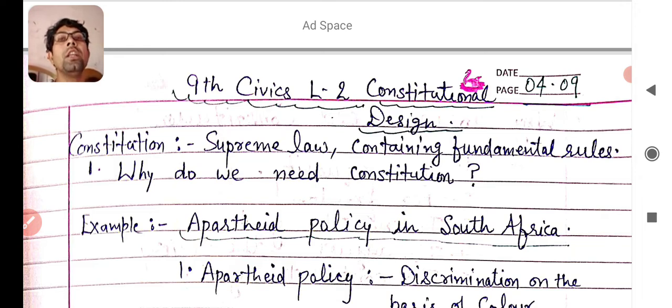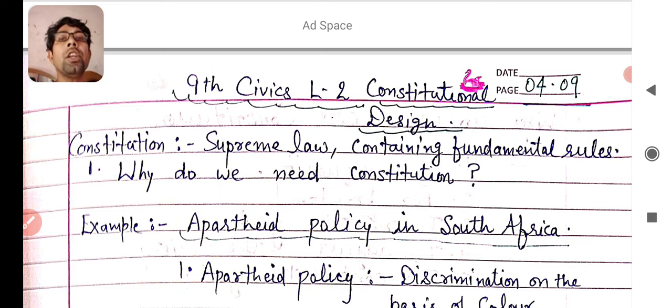But firstly, there will be a next question in your mind, sir, why do we need constitution? So you learned the meaning, but you have another question in your mind, sir. For example, constitution is a supreme law that contains fundamental rules to run the government.